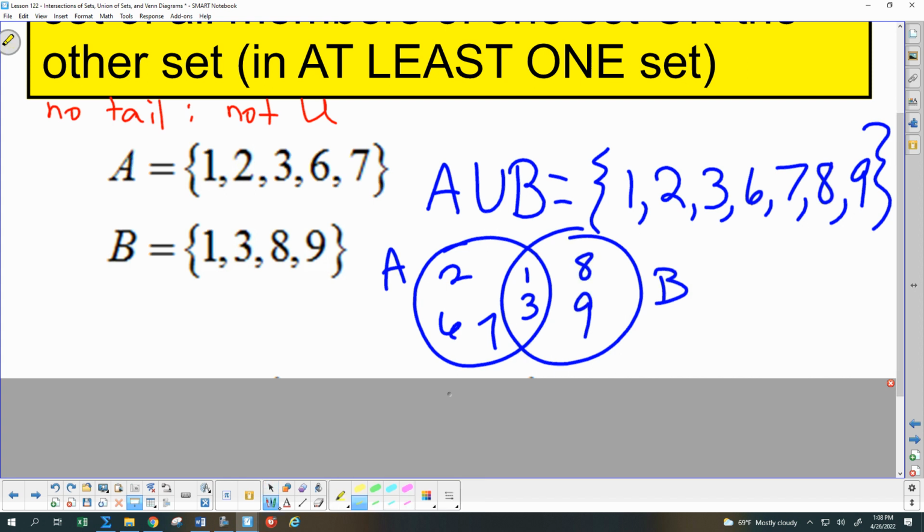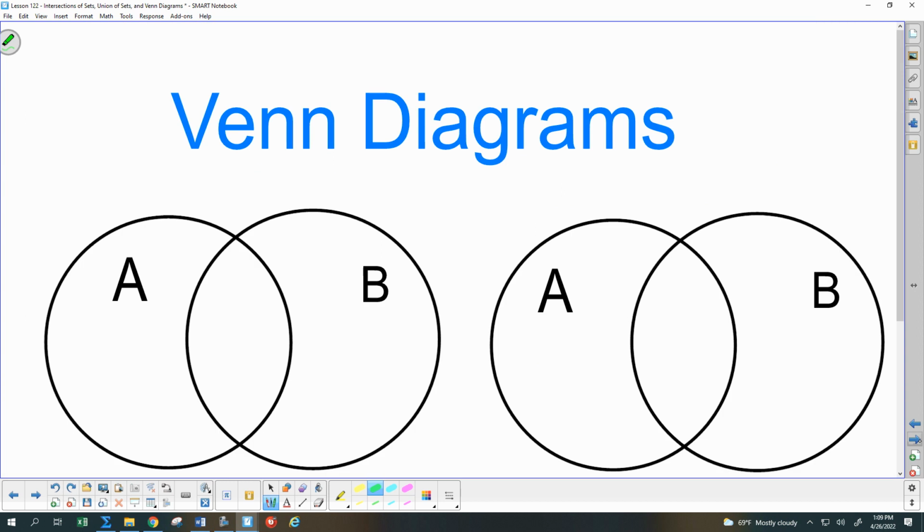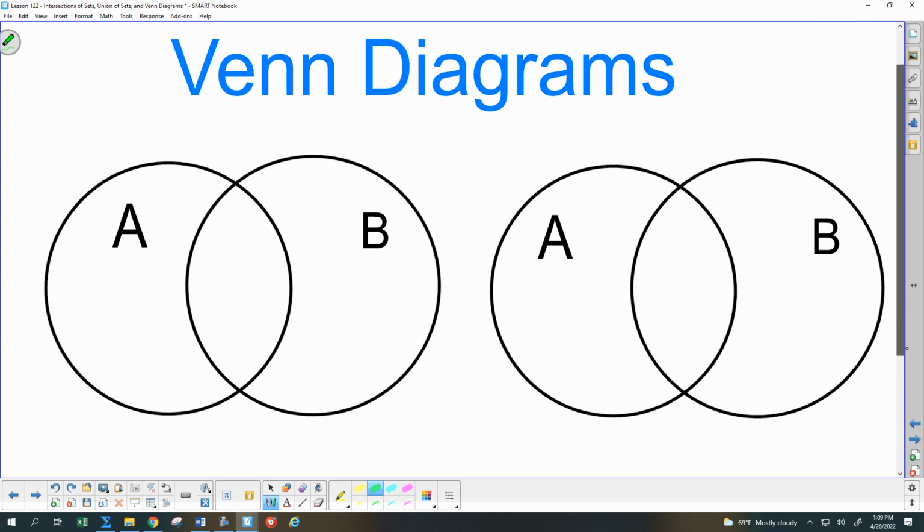If I then wanted to shade the union, I take everything that was in set A, and I take everything that was in set B, and I throw them all together in one big group now, and I have all 7 of those numbers now. Anybody with questions on that idea? Okay, one example coming up here in a moment.